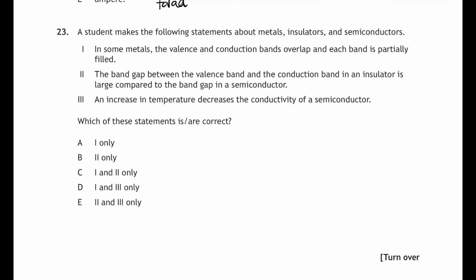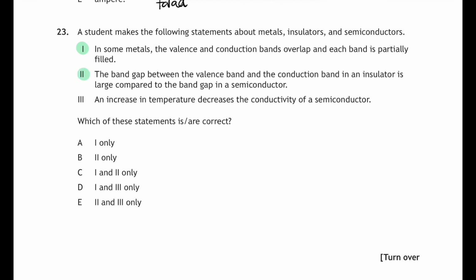Question 23. Student makes the following statements about metals, insulators and semiconductors. Statement 1. In some metals, the valence and conduction bands overlap and each band is partially filled. That's correct. Statement 2. The band gap between the valence band and the conduction band in an insulator is large compared to the band gap in a semiconductor.